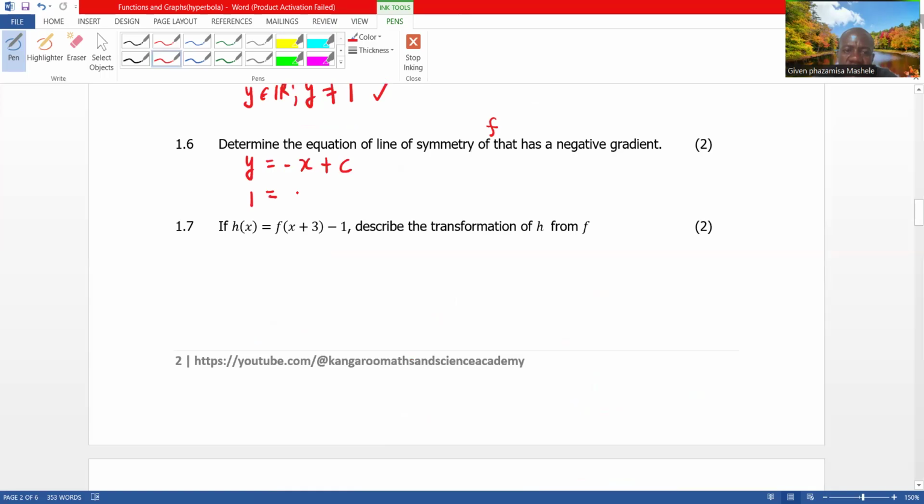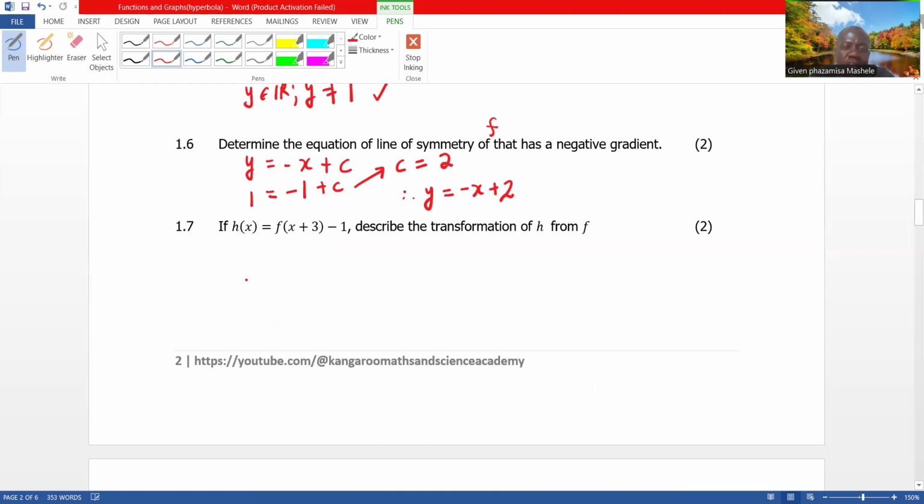Which means the value of c, if we transpose the negative 1 to the left-hand side, it will give us 2. So the equation of the line of symmetry that has a negative gradient of f is y equals minus x plus 2. So we got the answer.